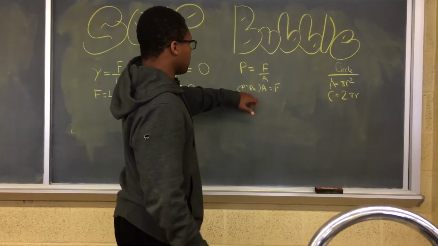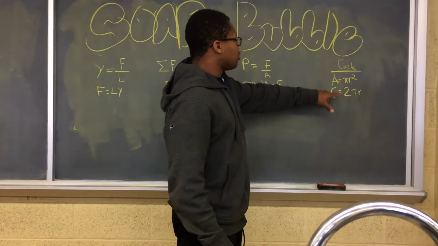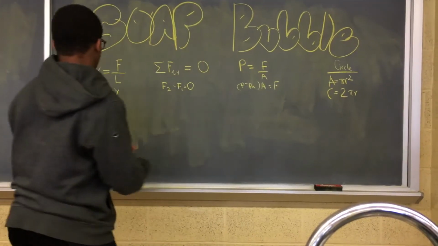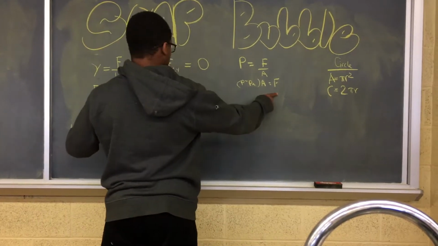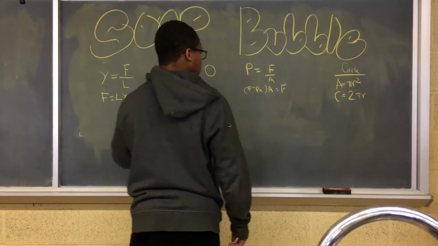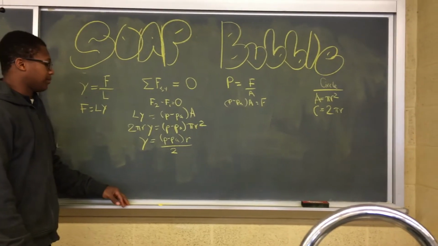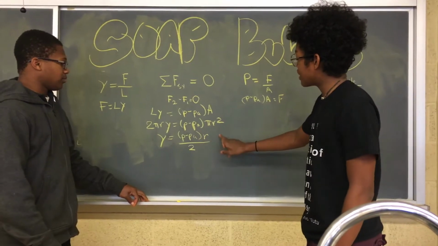And when the soap bubble is projected onto a plane, you have a circle. So we can use the different formulas for a circle to substitute in here. All right. So surface tension is equal to the change of pressure times the radius divided by 2.